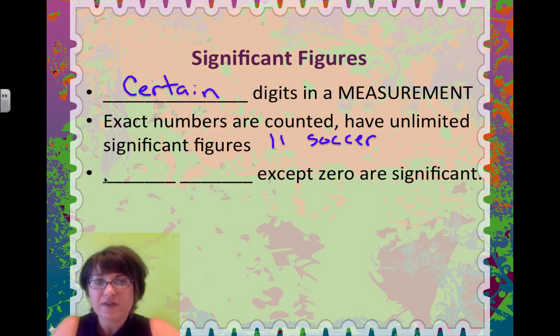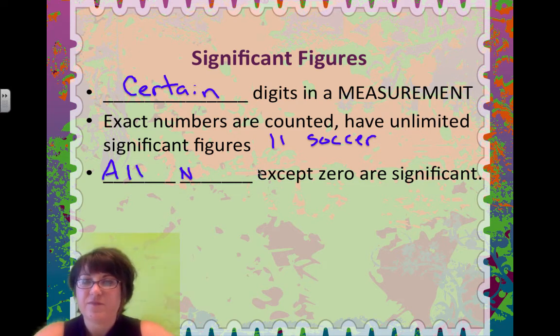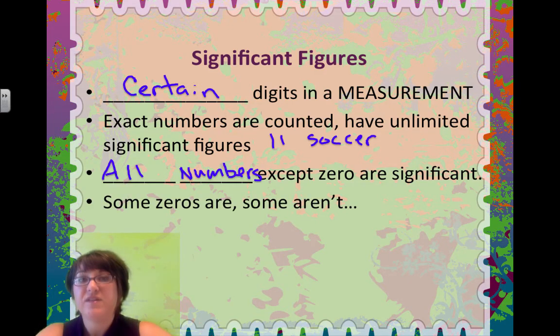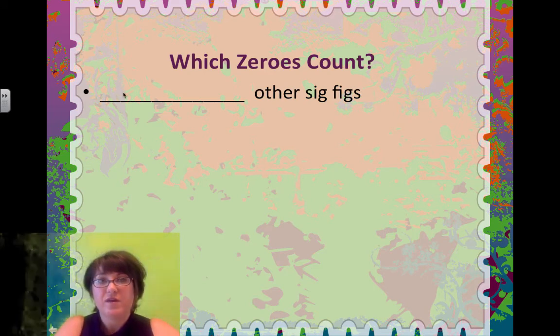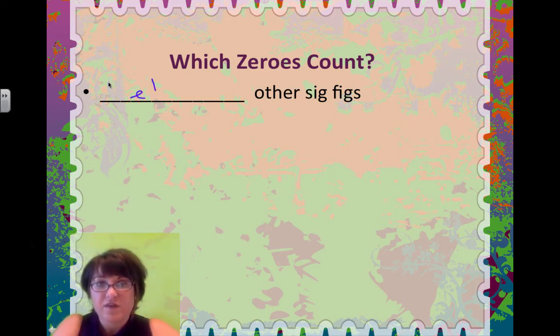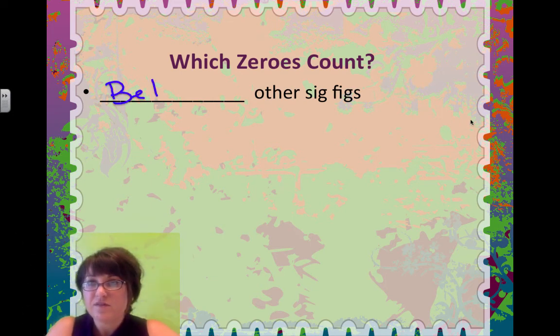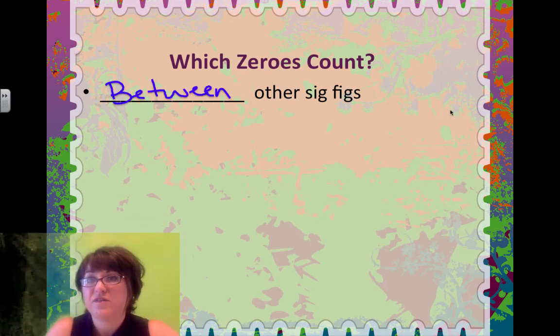And all non-zero numbers are considered to be significant. The zero is the one that messes us up from time to time. So let's look at when does the zero count and when does it not count. Zeros count when they are between other sig figs automatically. Any zero between other non-zero numbers is significant.